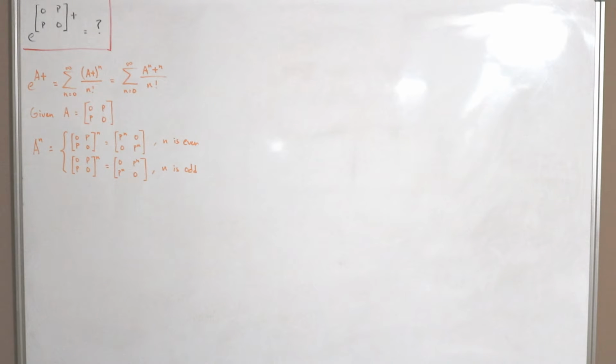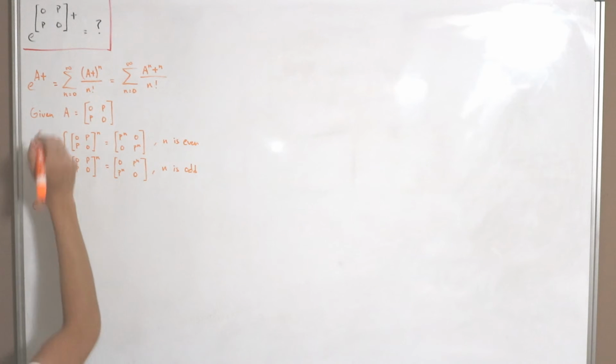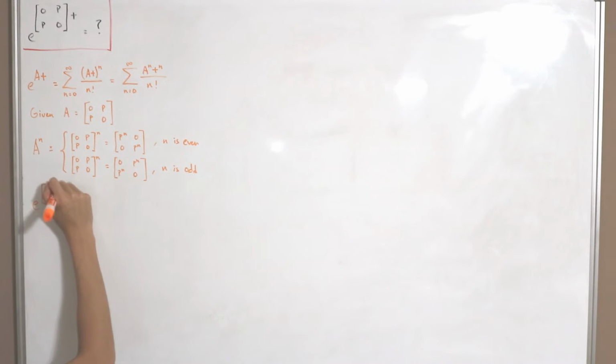So what does this mean when we're trying to rewrite all this out? Well, you'll see in just a sec. So then we have e to the power of the matrix 0, p, p, 0 times t.